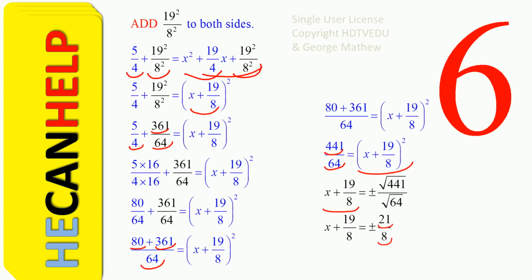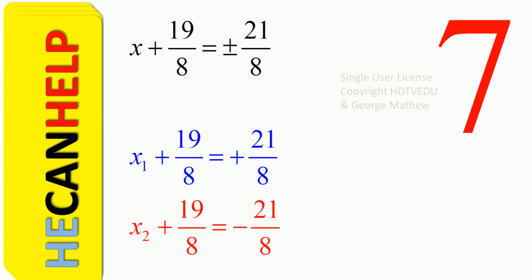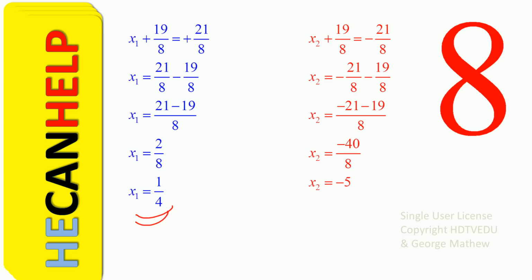Square root of 64 is 8. So we get x plus 19 over 8 equals plus or minus 21 over 8. From that, we can solve for x1 and x2. x1 is the positive solution, plus 21 over 8. And x2 equals the negative solution, negative 21 over 8. x1 equals 1 over 4, and x2 equals negative 5.